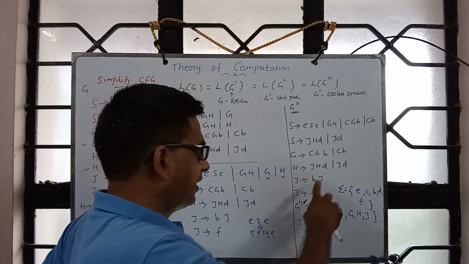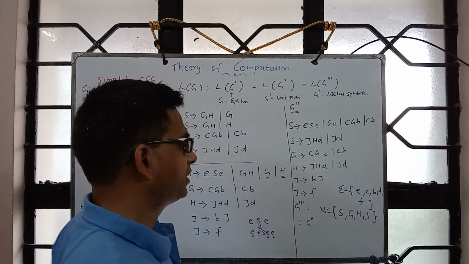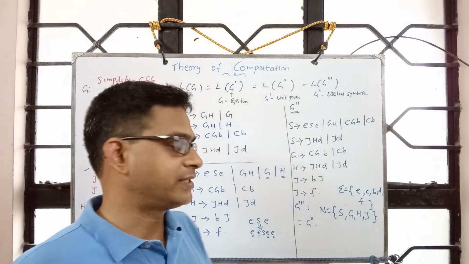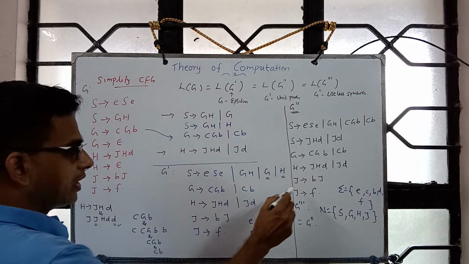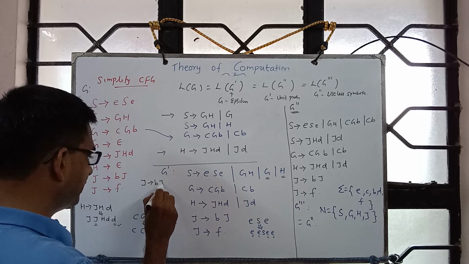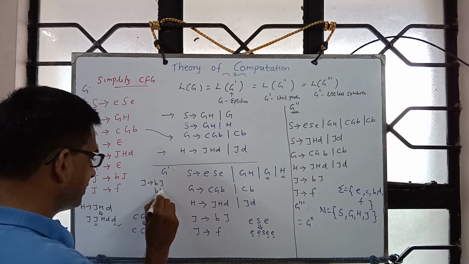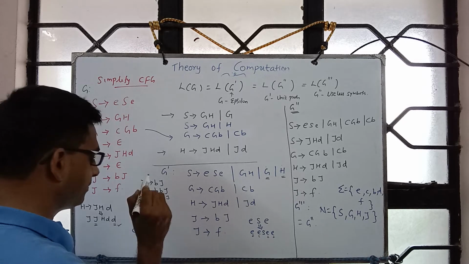And of course, one can terminate using JD, and subsequently using this, one can generate a string out of it. Fine. And if you focus on this, J implies BJ, one can apply this any number of times. BJ, BJ, any number of times.